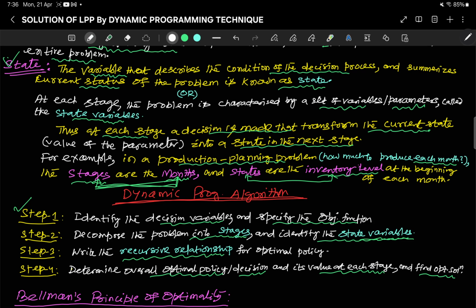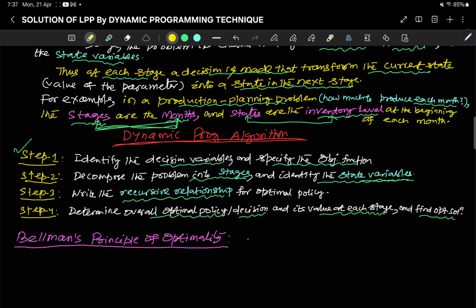Now coming to the most awaited thing, Bellman's principle of optimality, which states as follows.